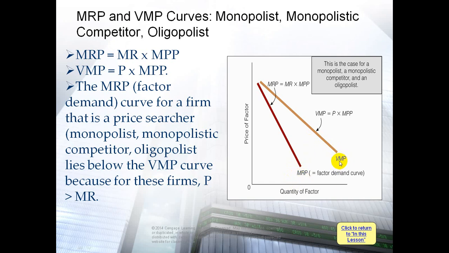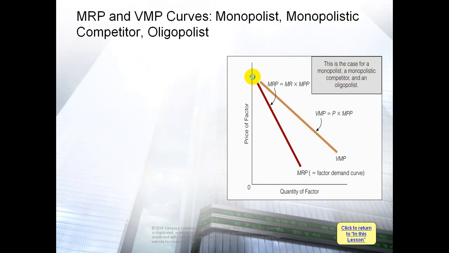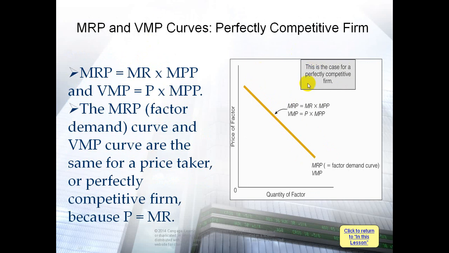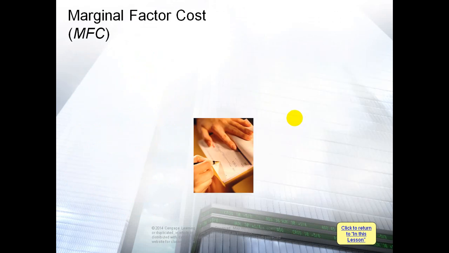Because the VMP is always larger than the MRP in these markets. Why? Because the price is always larger than the MR. So this is the case for a monopolistic competitor and an oligopolist. And this is the case for a perfectly competitive firm, and MRP is the same as VMP because price equals MR.